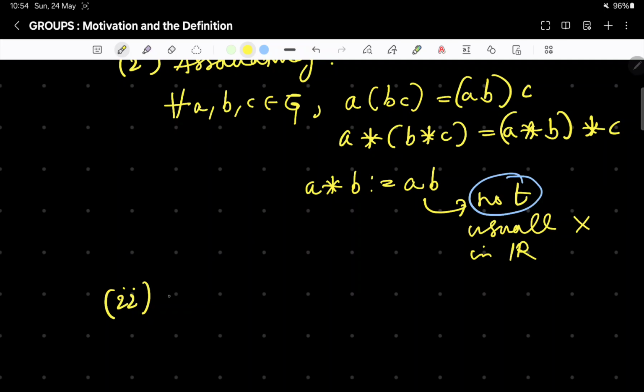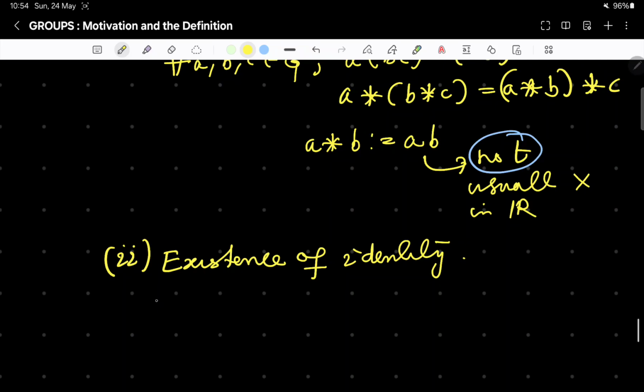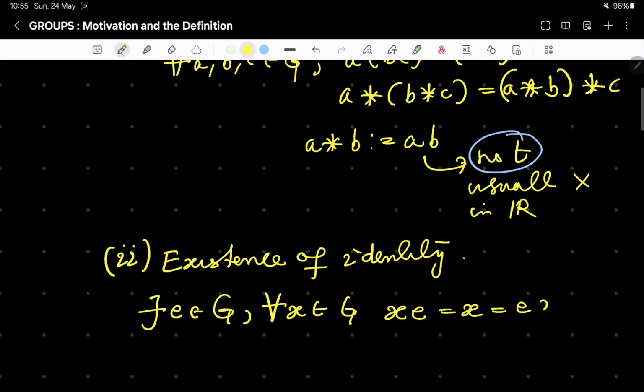Now next, we have seen 0 in integers. So similarly we force the existence of identity. What do you mean by existence of identity? That means there exists e inside G, and the property is, for every x in G, this must happen: xe equal to x equal to ex.